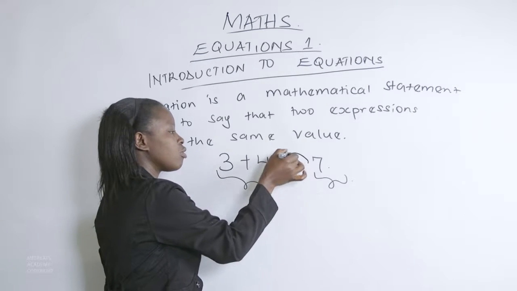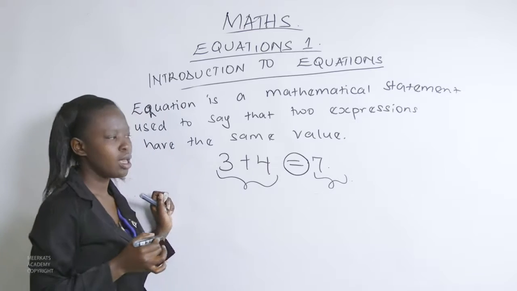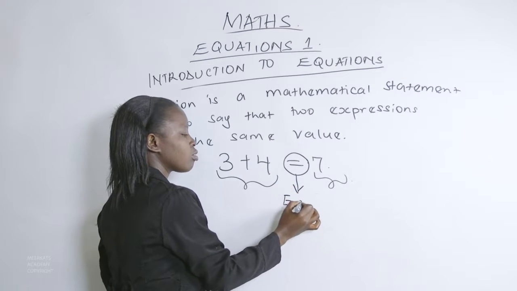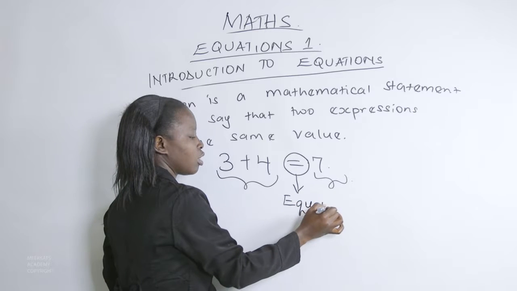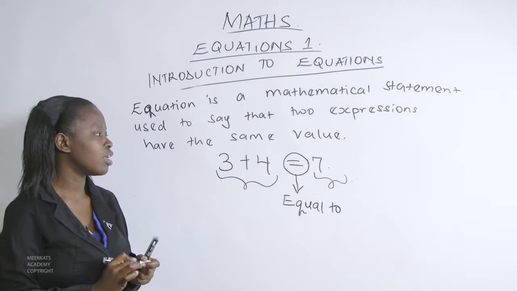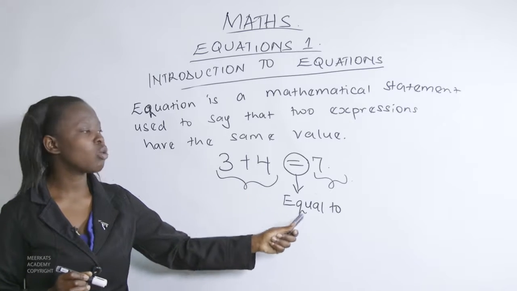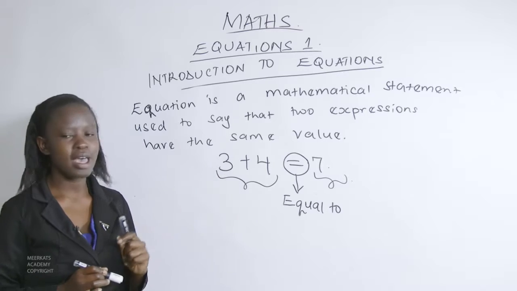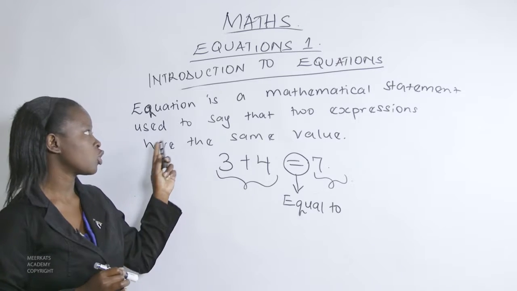The sign that is used is the sign indicating that the two values are equal to each other. So this sign simply shows that the left-hand side is equal to the right-hand side. So this is an example of an equation.